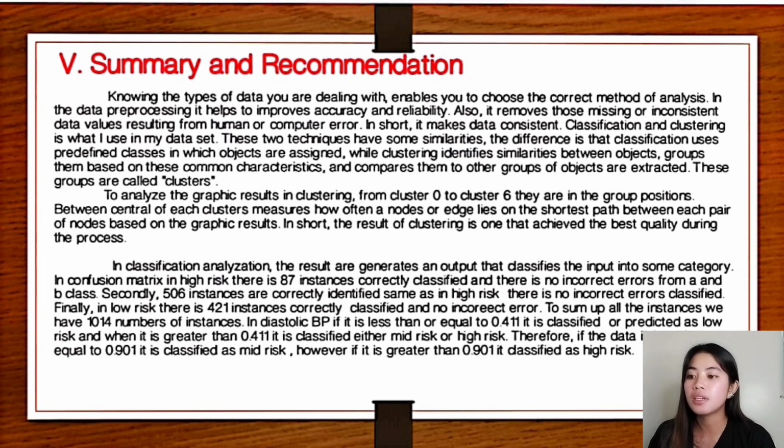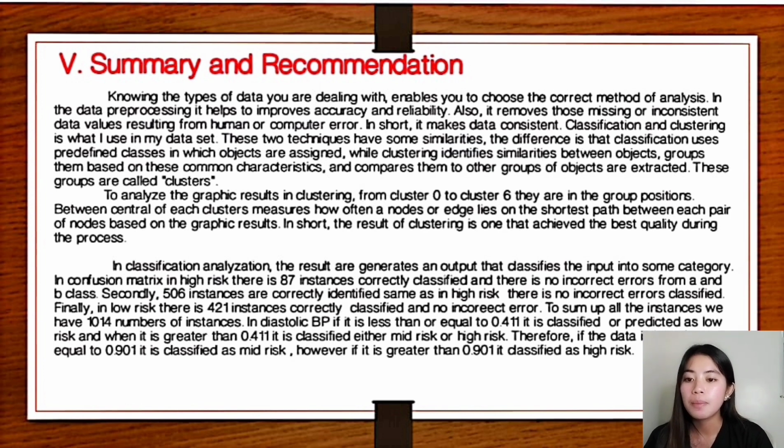In the confusion matrix, in high risk, 87 instances are correctly classified, and there is no incorrect error from the A and B class. Secondly, 506 instances are correctly identified in mid risk, and there is no incorrect error. Finally, in low risk, 421 instances are correctly classified and no incorrect error. To sum up all the instances, we have 1014 instances.